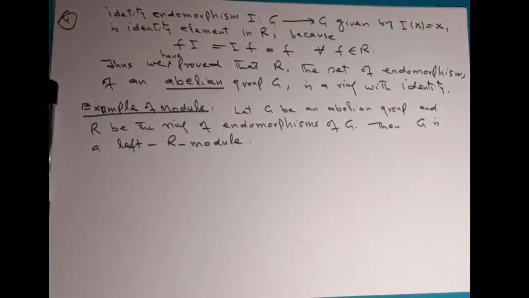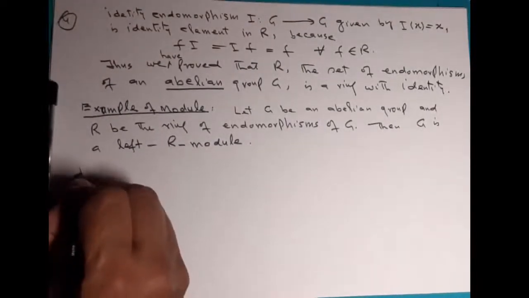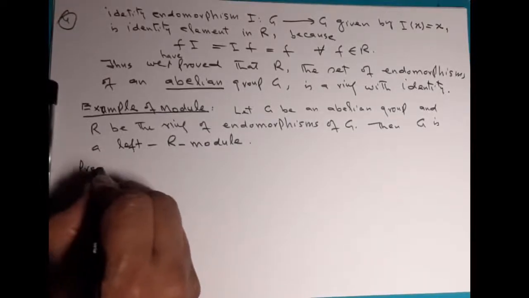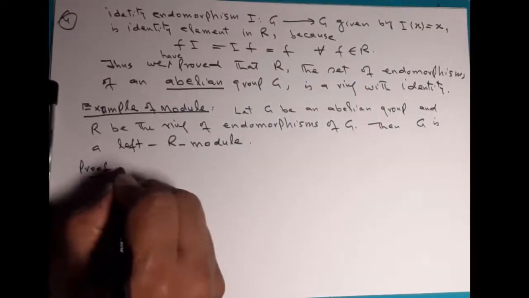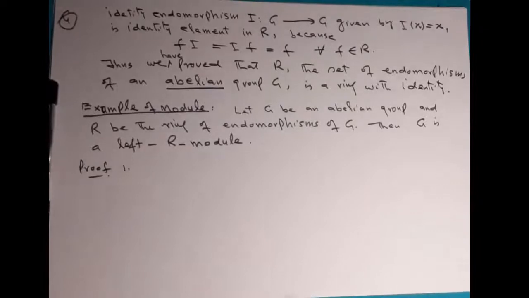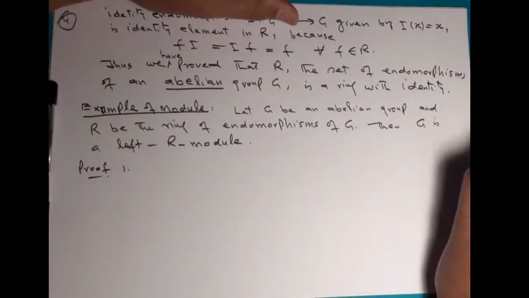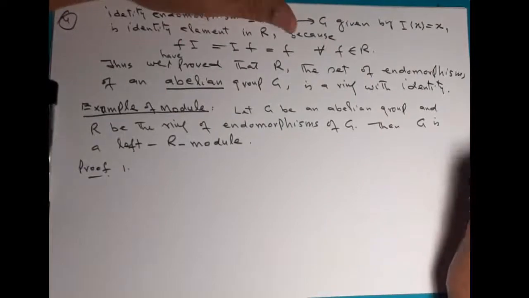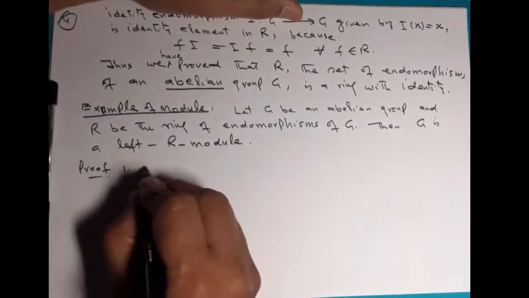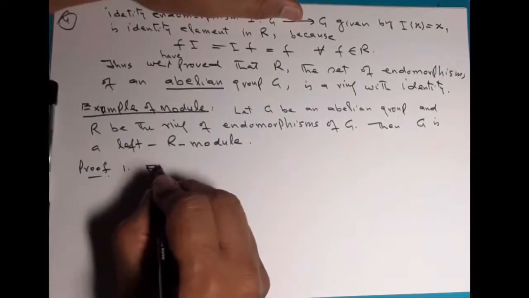So let's prove that. In order to prove that, first of all, we note that G is given to be an abelian group.